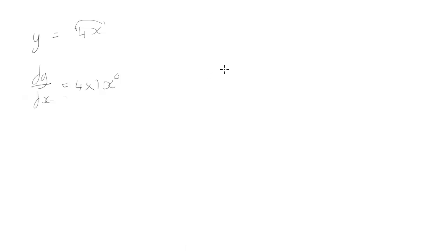Now, here's where we have to use another law of indices to simplify. You know that anything to the power of 0 is 1. For example, 5 to the power of 0 is 1. In that same way, x to the power of 0 is 1. So that gives us 4 times 1 times our x to the 0, which is 1, which just gives us 4.